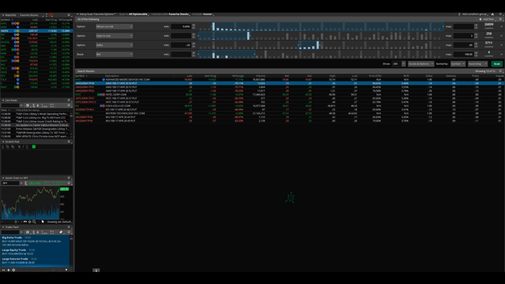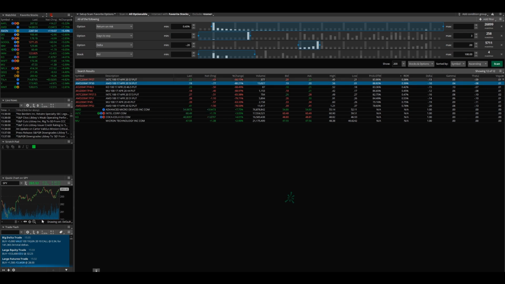And for this example, just because I don't have a lot of cash in my account right now, I only want to look at stocks that are $100 a share or less. So based on my watch list, I have AMD, Intel, Coca-Cola, and Micron. So from there, I can start sorting them by return on risk or probability that they're going to be out of the money. So actually this Intel option is a little bit less likely to expire out of the money.